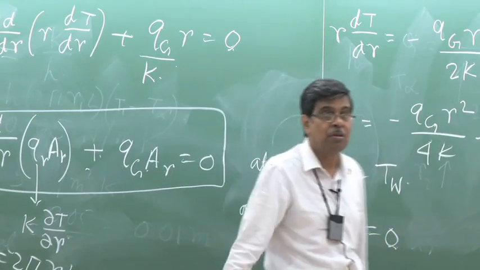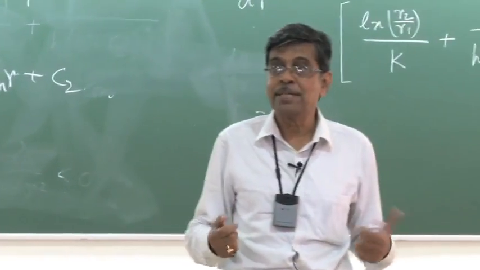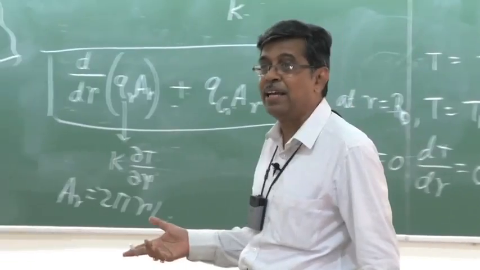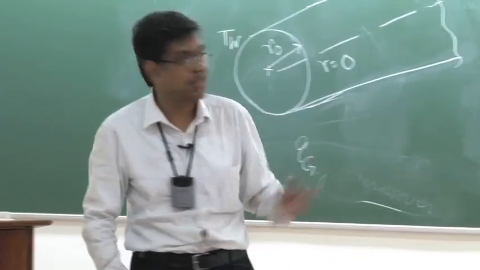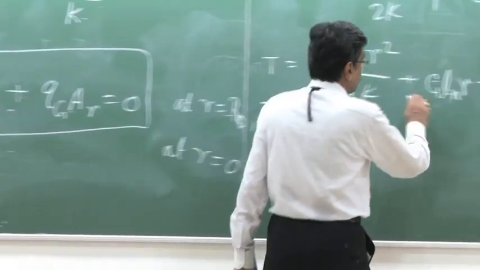The function has a value which is either maximum or minimum. That means the function is continuous with a 0 derivative, exhibiting a maximum or minimum. That is the mathematical statement. Physically, a smart boy will tell, oh, C1 cannot exist because ln R has no place here, because this has to be 0.